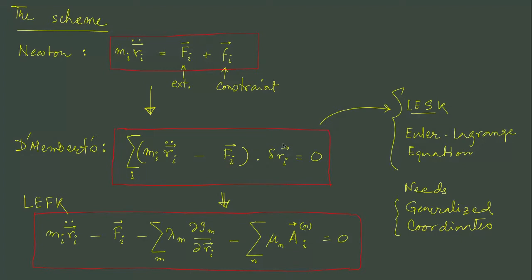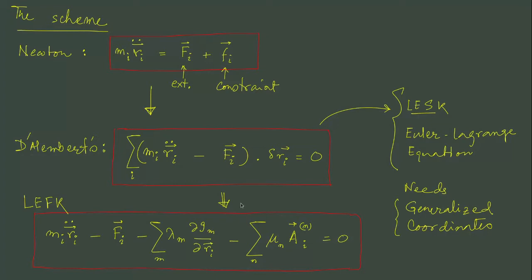The virtual displacements are commensurate with constraints, and we take the dot product with the remaining part of the equation of motion, that is the mass times acceleration, the inertia part, and subtract from that the external force. So basically mass times acceleration minus the external force, dot product with virtual displacement, gives us an effective equation of motion. It's not very easy to handle.